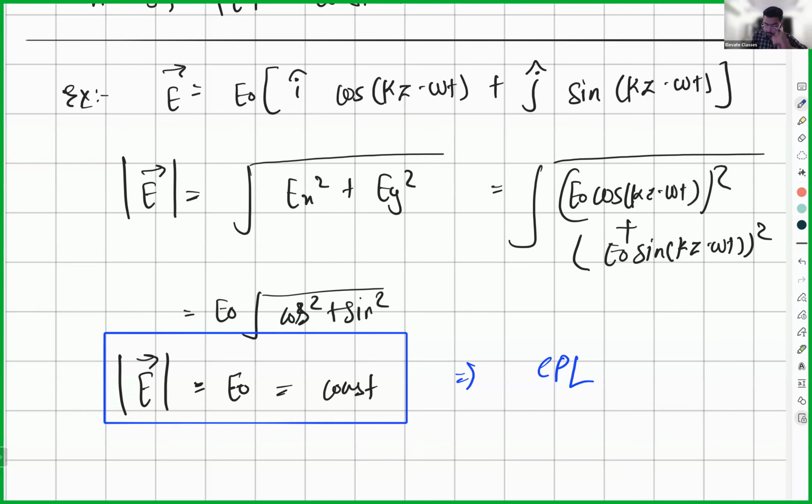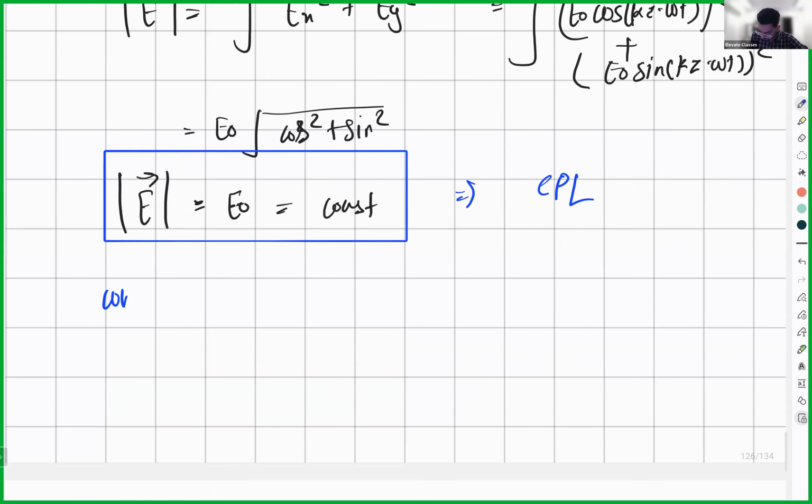So the question is, what tells you that the tip of the electric field rotates or traces a circle?